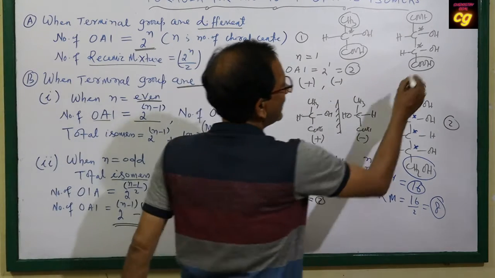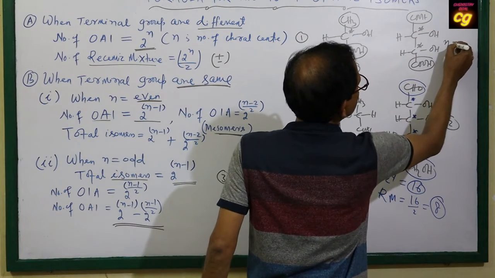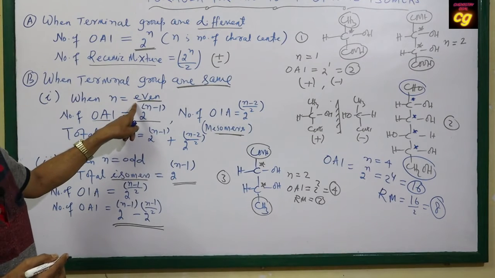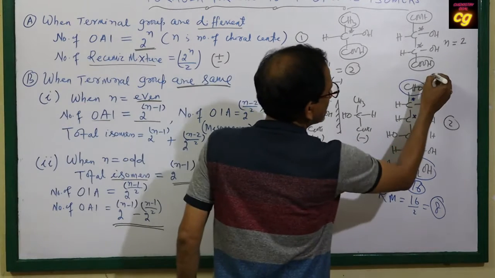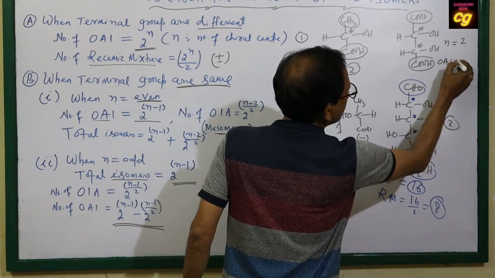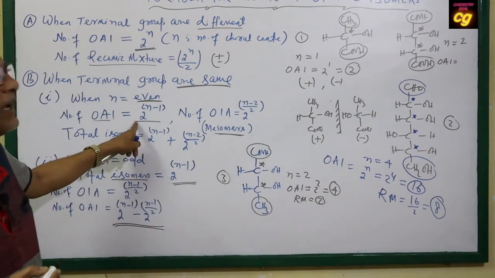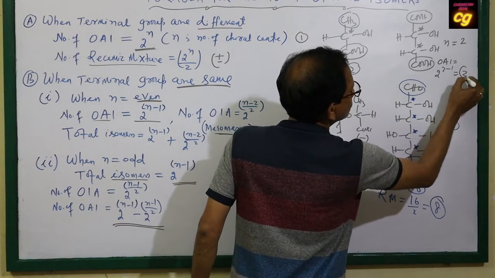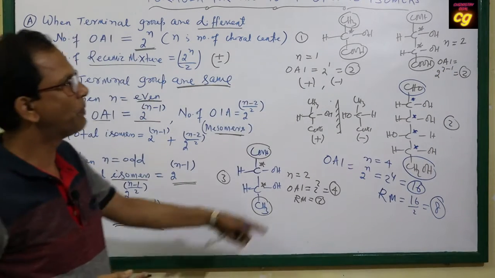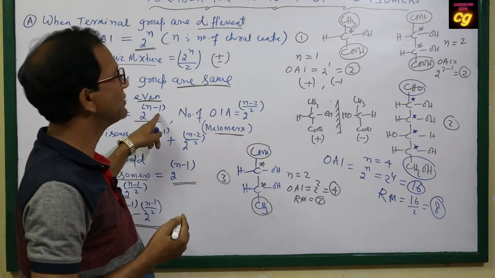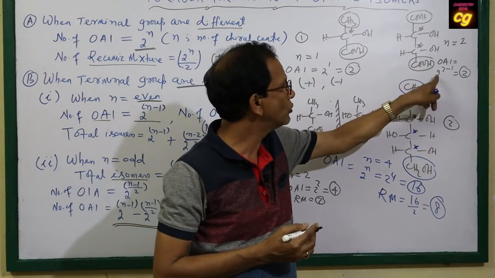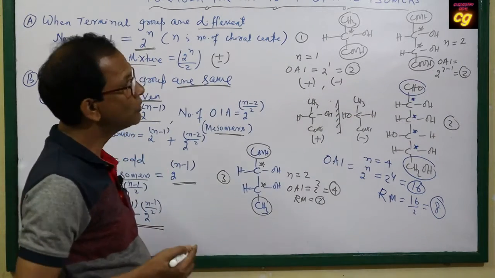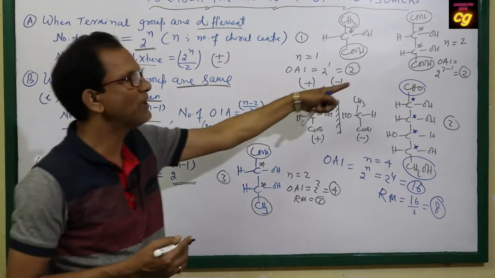For this case, n is equal to 2, which is even. So OAI will be 2^(n-1), that is 2^(2-1). Here the number of chiral centers is 2, so 2^(2-1) means 2^1, that is 2. So 2 optically active isomers are formed.